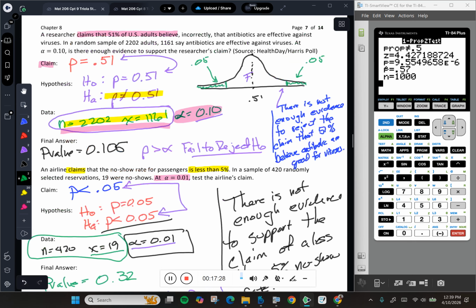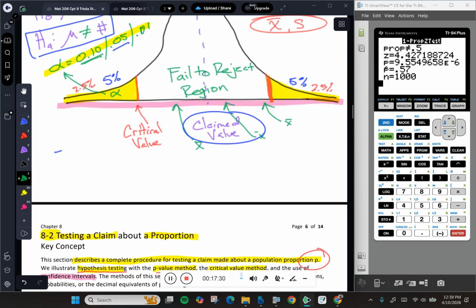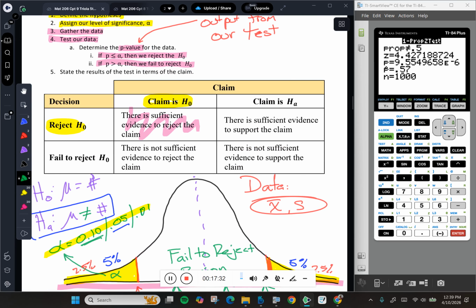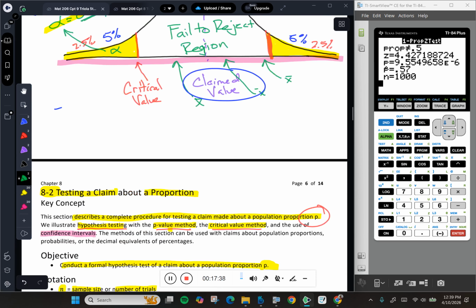So I'm going to go back to my little chart, and what does my chart tell me to do when the math says reject the null and the claim is the null? Oh, it's the same as the last time. There's sufficient evidence to reject the claim.